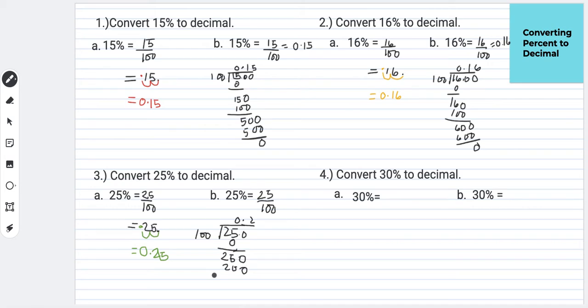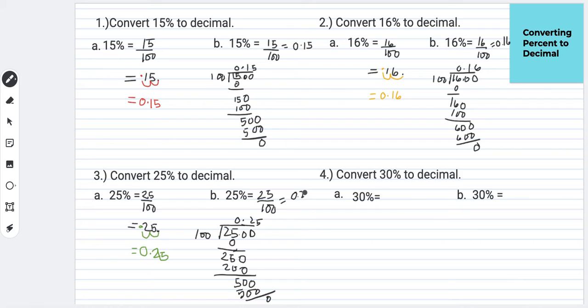And 250 minus 200, we have 50, and add another 0 here, bring down 0. 500 divided by 100 is 5, and 5 times 100 is 500, then subtract, we have 0. The equivalent of 25% in decimal is 0.25.